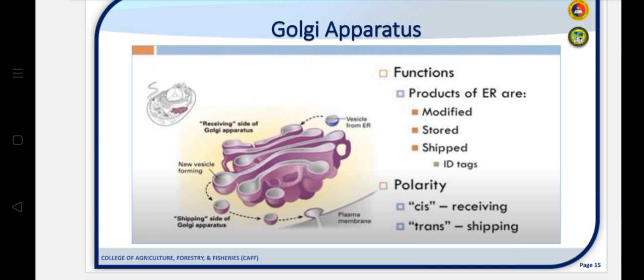Proteins and lipids from the endoplasmic reticulum arrive at the Golgi where they are modified. Sometimes sugars are added or shapes are adjusted. Then we have storage. Some products are stored in the Golgi apparatus until the cell needs them.